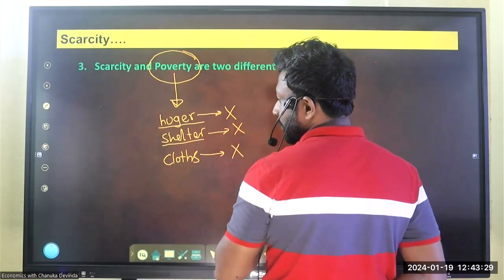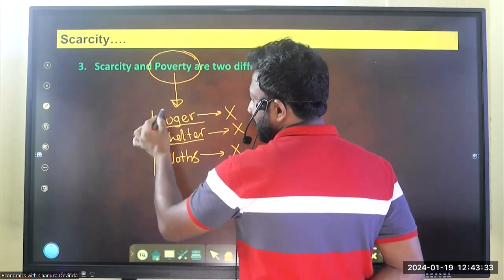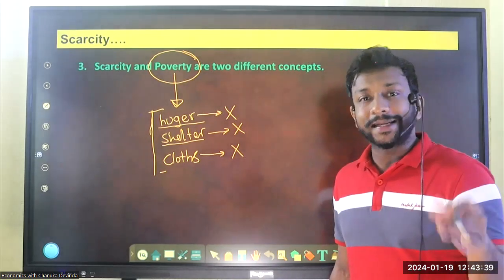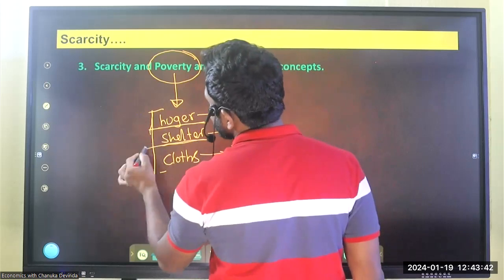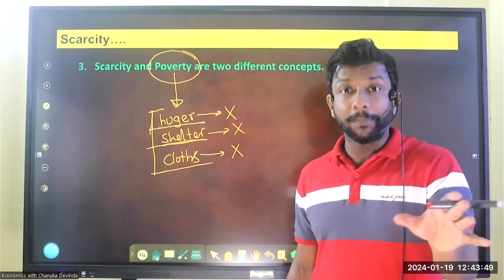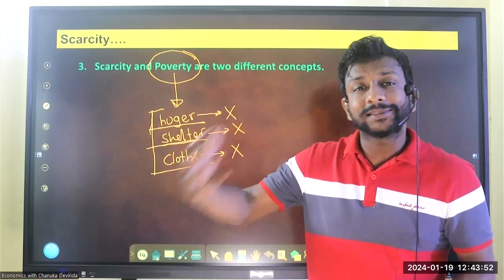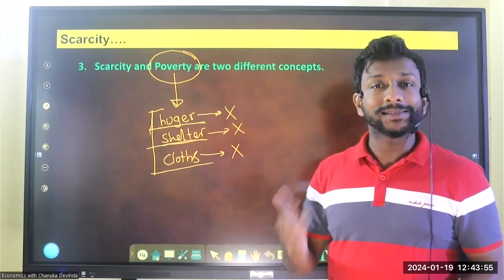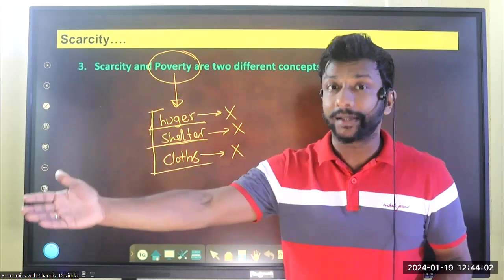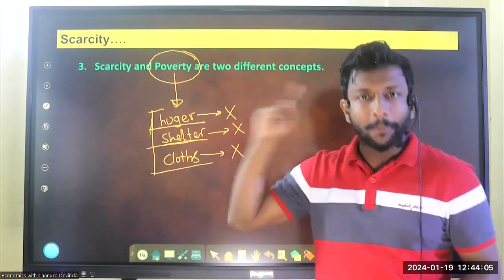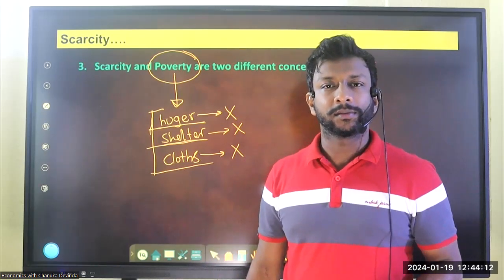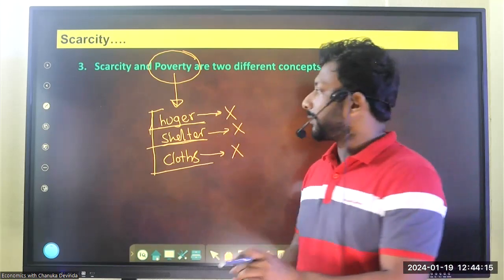If someone cannot obtain or satisfy the basic human needs such as food, shelter, clothes, that means poverty. That is a different concept from scarcity, because scarcity is common for poor people as well as rich people. It cannot be eliminated. Scarcity cannot be eliminated, but poverty can be eliminated. In Singapore, poverty has been eliminated because of their productivity, right?